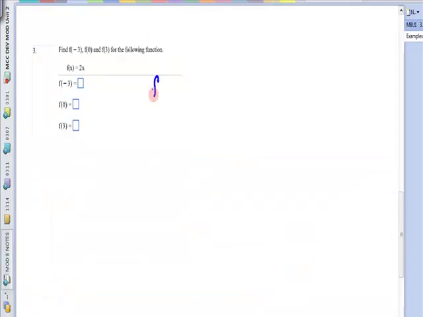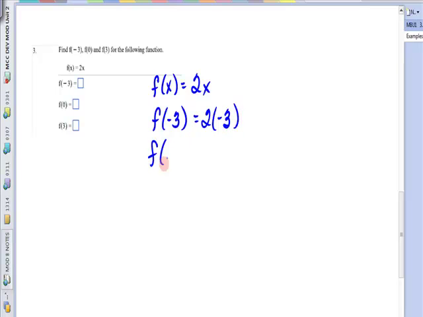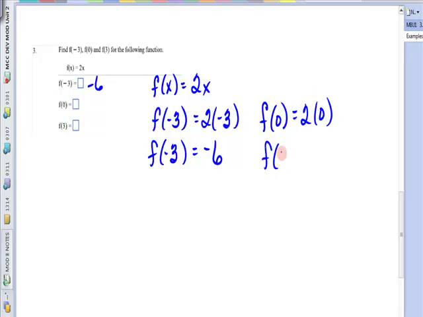This one has the function f of x is 2x. So finding f of negative 3, which is 2 times negative 3, f of negative 3 is negative 6. f of 0 is 2 times 0. f of 0 is 0.